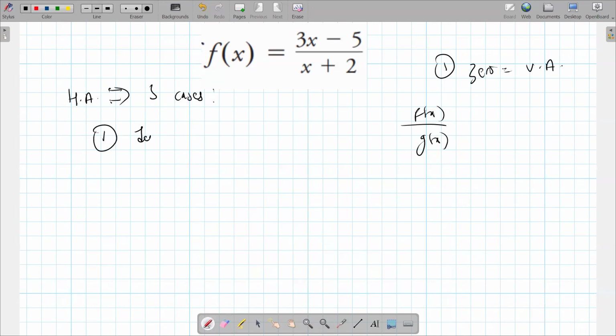If the degree in the numerator is less than the degree in the denominator, an example will be this. The degree in the numerator is 2, the degree in the denominator is 3. If this happens, you have a horizontal asymptote at y equals 0, same as the reciprocal function.